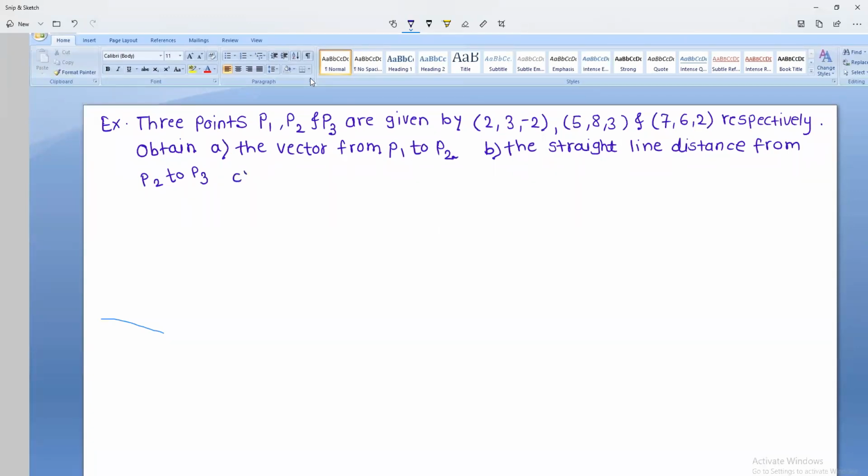And third, C is the unit vector along the line from P1 to P3. So this is the question. Try to solve this. We have already seen this.